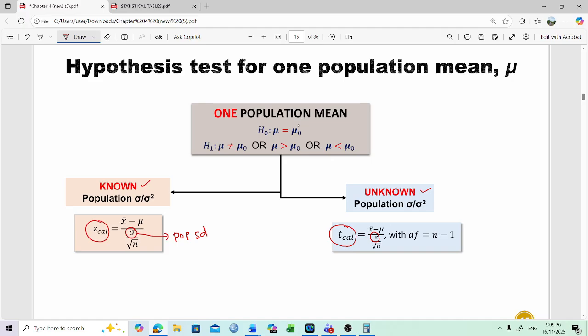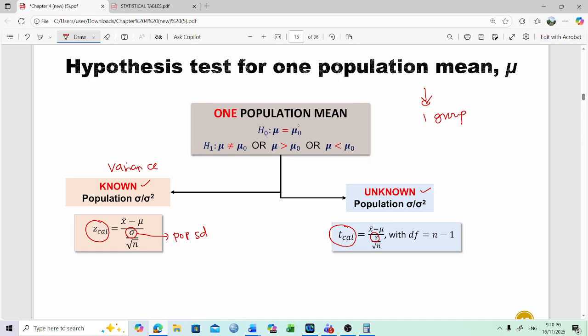One means that you have only one group. For this one, you will have two different cases, which are known and unknown. This is your population variance. Your sigma is known, you know the value. This one is where you do not know the population variance, you don't have the value.